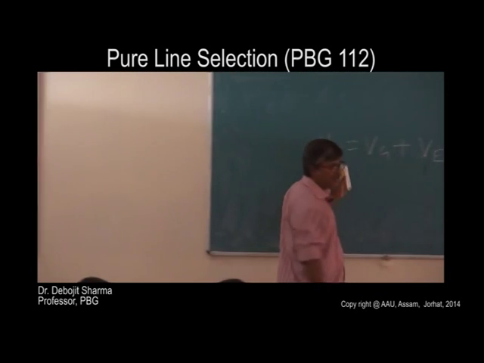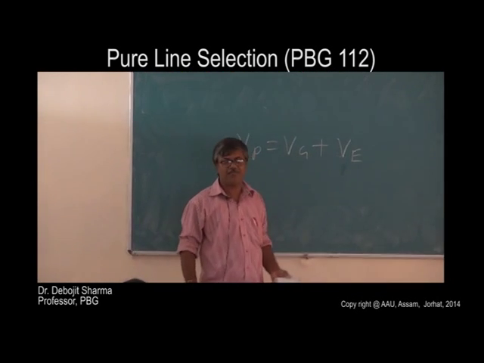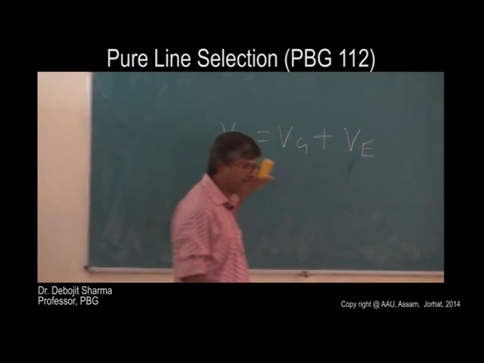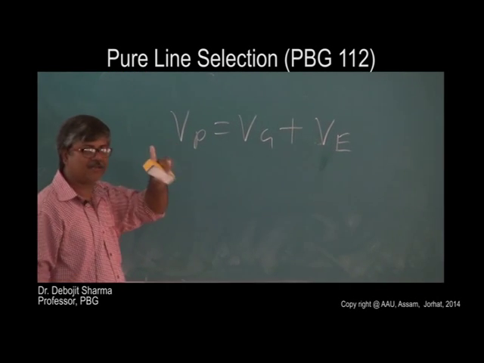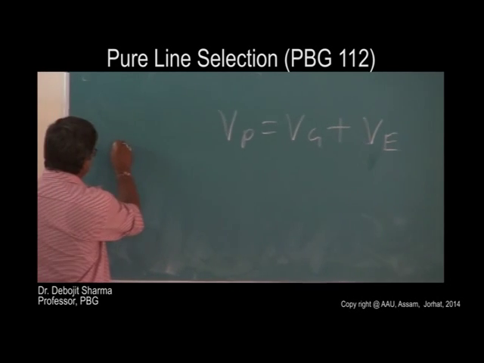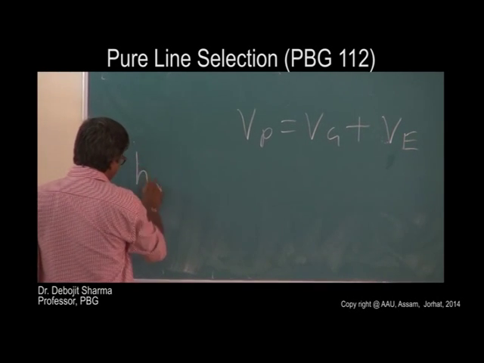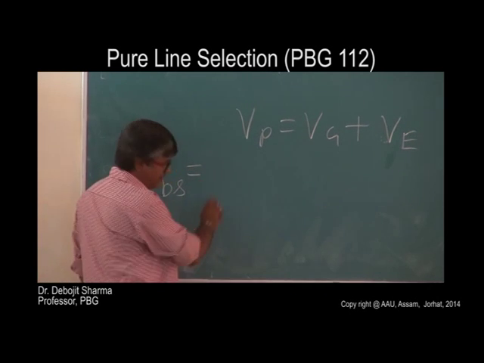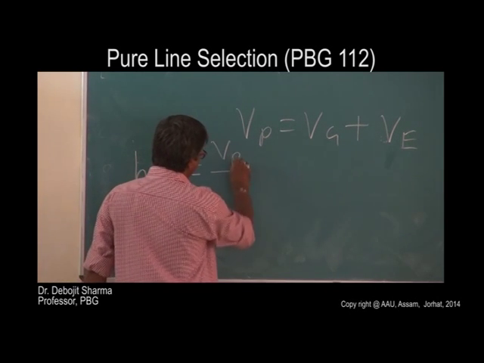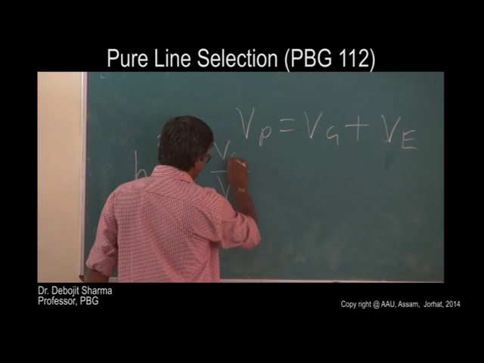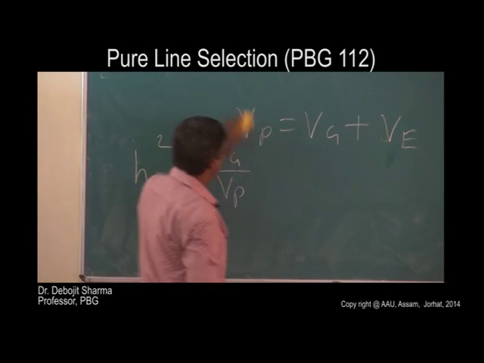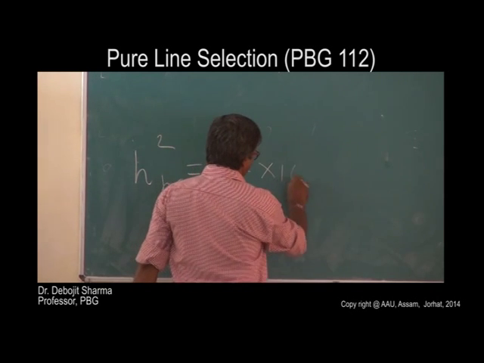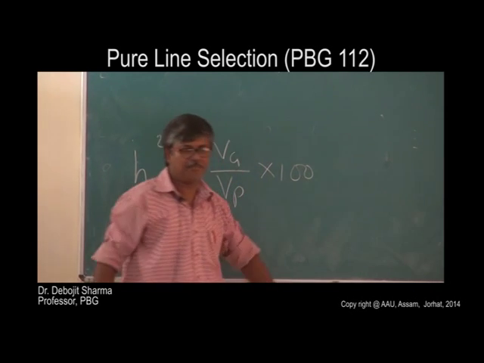The proportion of genetic variation that will be inherited from generation to generation is the heritability. So it is the proportion of genetic variation to the total variation. Last class I gave you: it is heritability in the broad sense, Vg divided by Vp. It is expressed as a percentage, times 100. Okay?